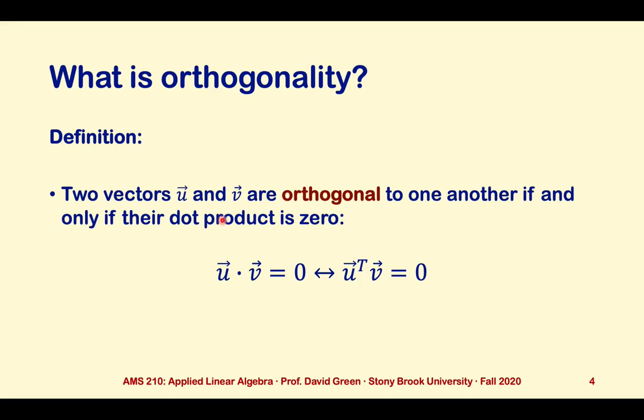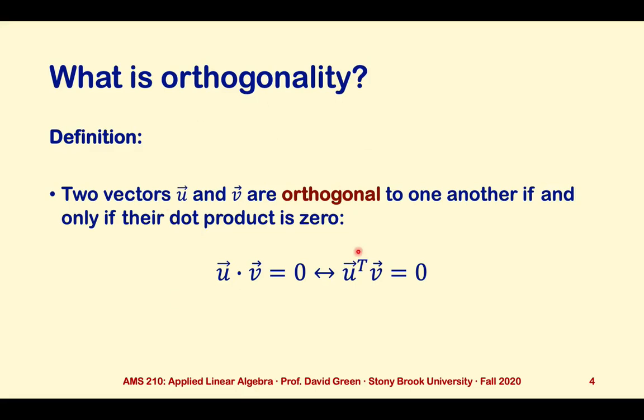We can write the dot product as u dot v. We have seen before that this is perfectly equivalent to writing u transpose v when we presume that vectors are written as column vectors. So a row vector multiplied by a column vector will give us a scalar.